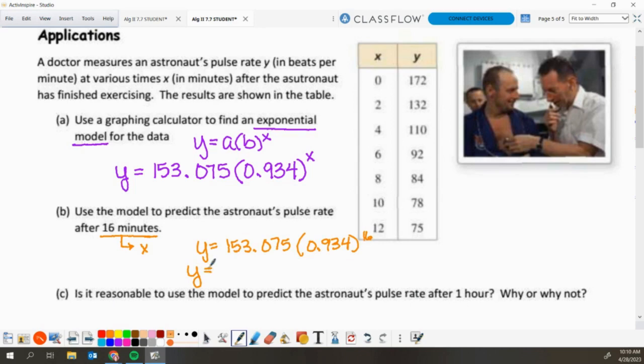So this is where the models would come in handy, is if we're trying to predict outside of the data that they gave me. 51.3, so it looks like.